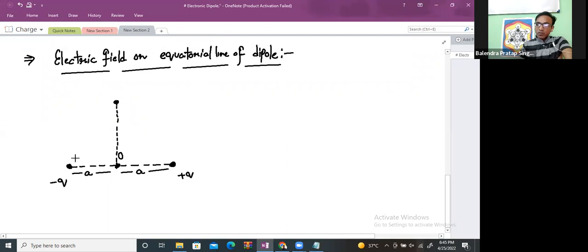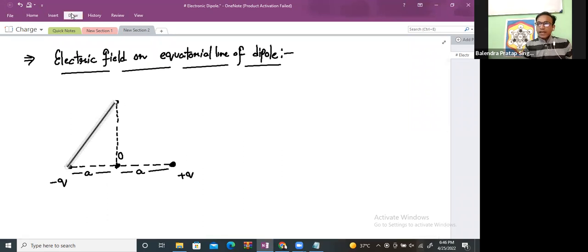I can join these 2 points and draw some lines, forming a triangle.